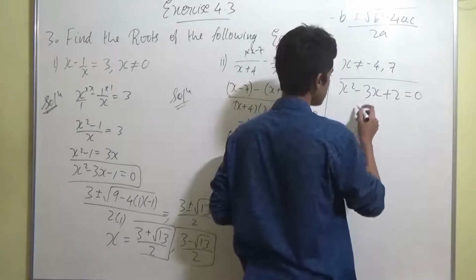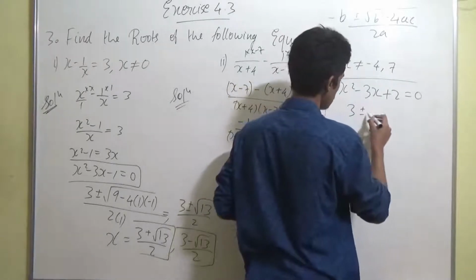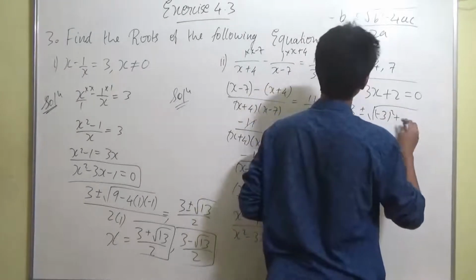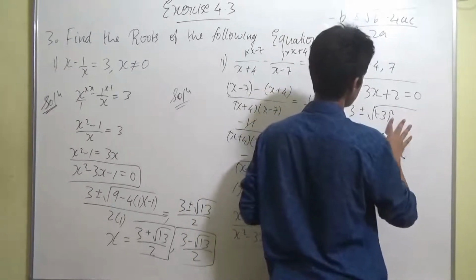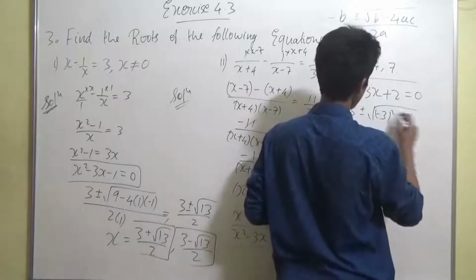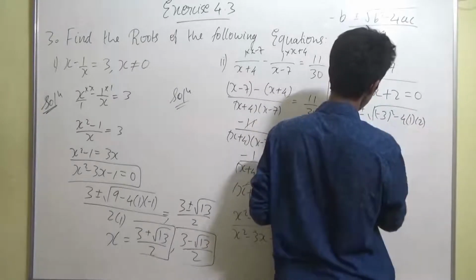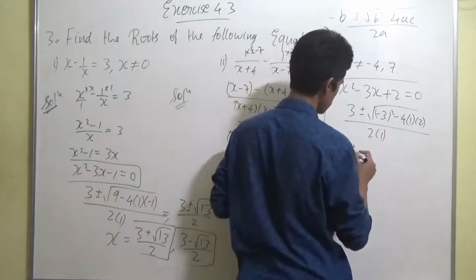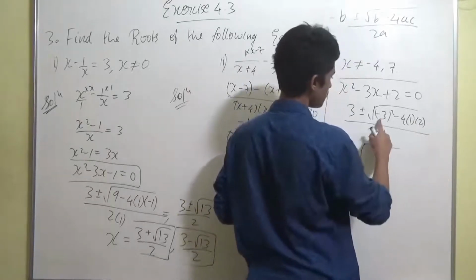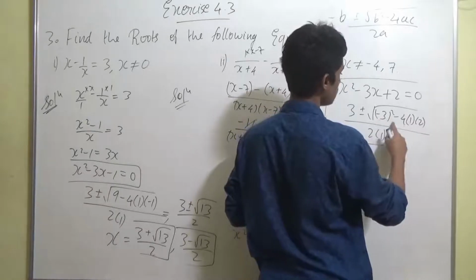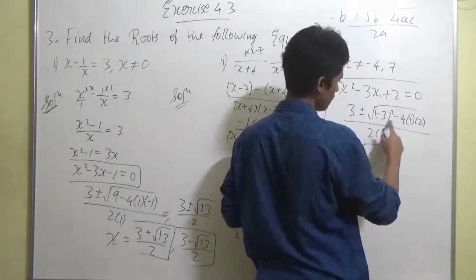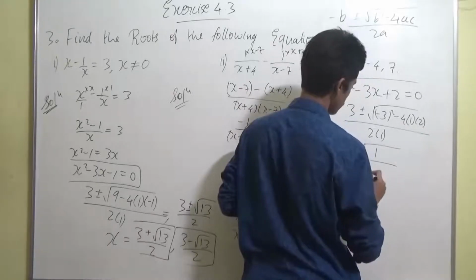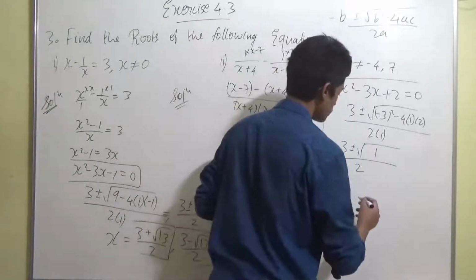So minus b is minus of minus 3, that is 3, plus or minus root of b square, that is minus 3 square, minus 4 into a into c, by 2a. 2a is 2 into 1. So this will become 3 plus or minus root of 9 minus 8. Getting it? 4 into 2 is 8. So it will become 1 by 2. So you will get two solutions here. What are the two solutions?